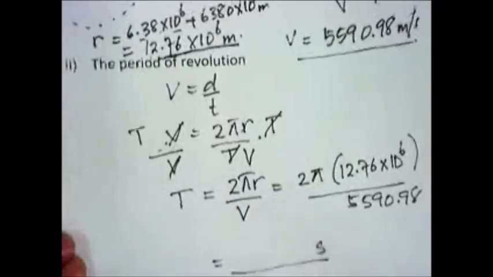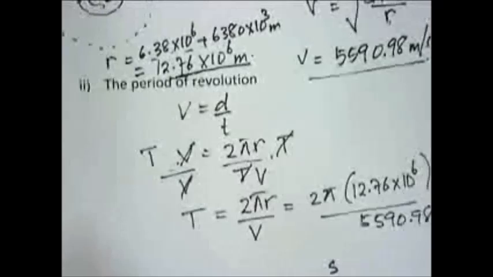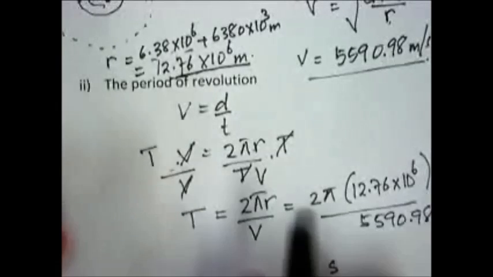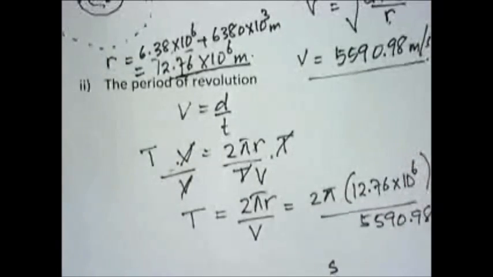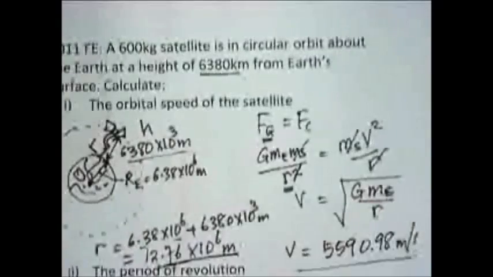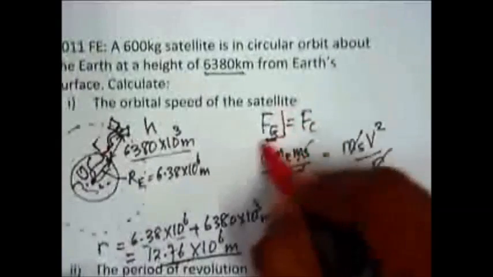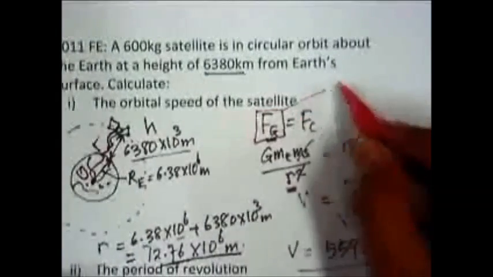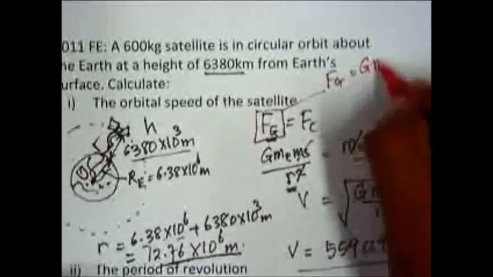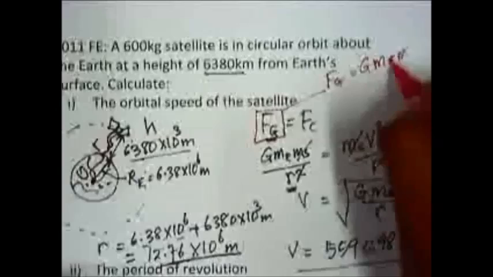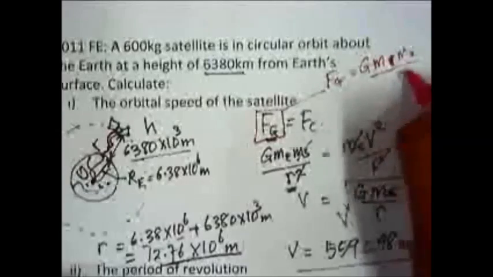So when you look at problems on gravitation, and you will have a question from gravitation in your final exam, these are the things that are important. You should know the formula for your Fg, which is G mass of Earth, or m1 m2, over r squared.